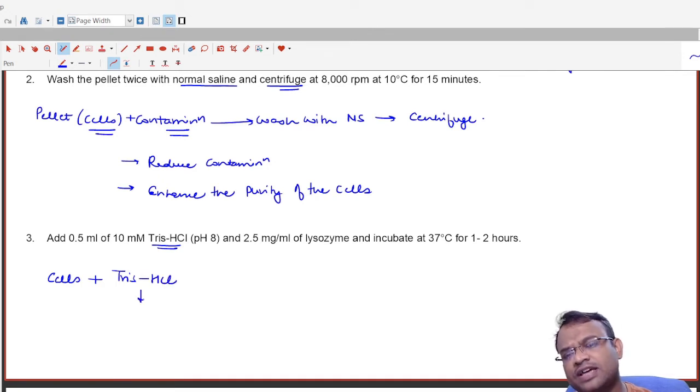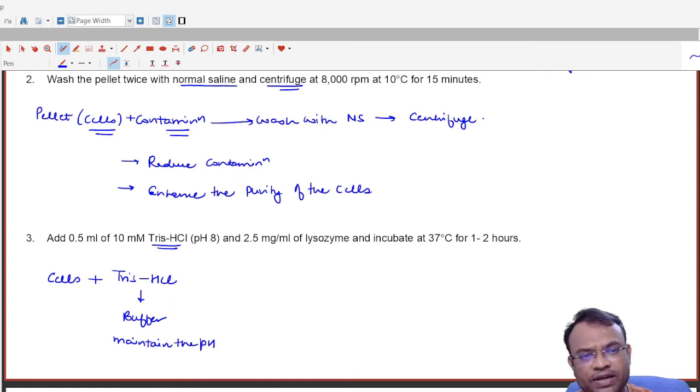Tris HCl is actually acting as a buffer to maintain the pH. It is just required for maintaining the pH. Otherwise the cellular content that we are having might get destroyed. We want the DNA, right?